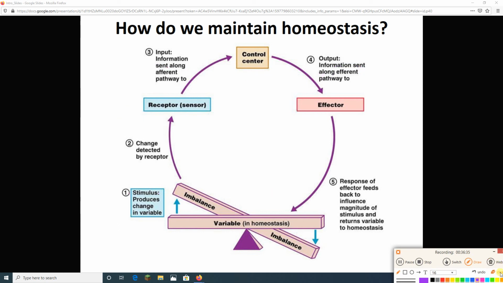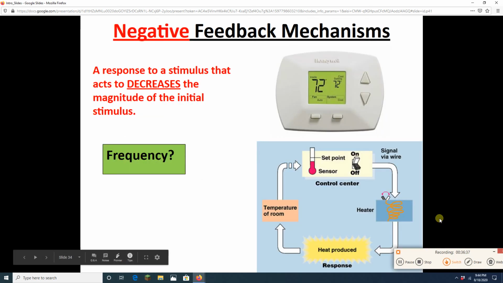All right. So, most of the time, what we're doing when we're doing homeostasis is this thing called negative feedback, where there's a stimulus and our response goes the other direction. Okay? So let's use an example with the heating system in your house.